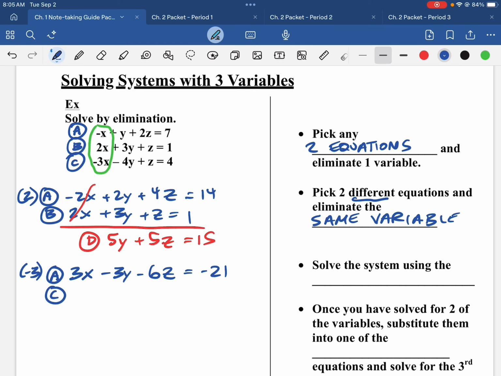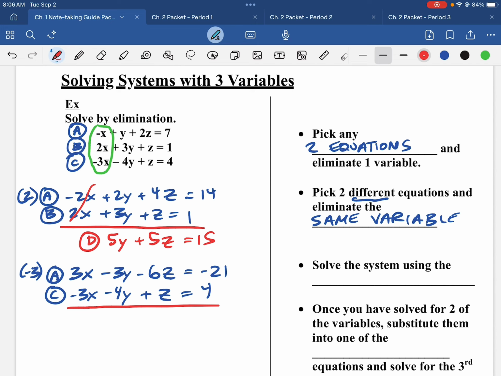Just double checking that. It's so easy to make little mistakes on these, and it's really hard to tell if you made a mistake until the very end when you get a weird answer. The problems I assign always have nice integer answers, so that's a hint if you get a fraction or a decimal answer that something is wrong. Okay, so let's see.